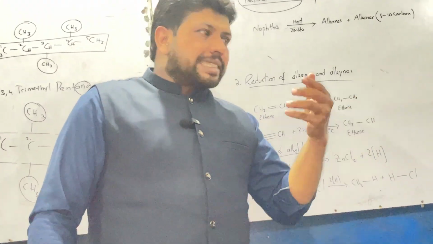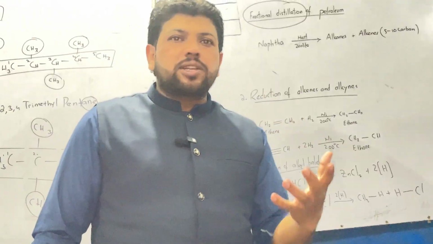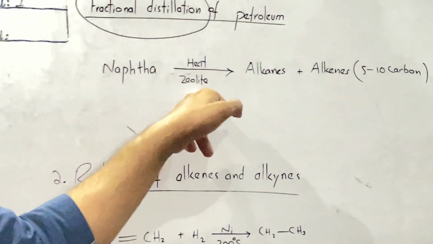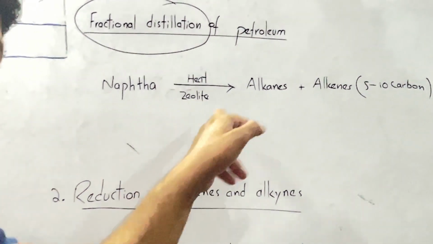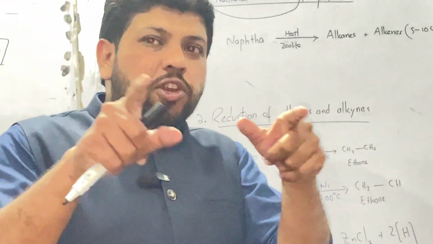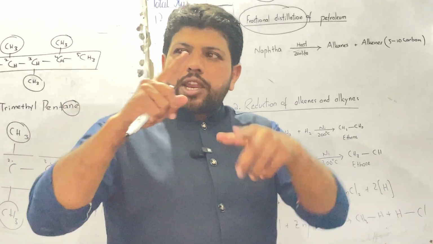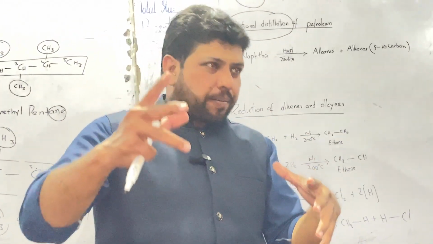And this technique is known as fractional distillation. When we provide heat to naphtha in the presence of a catalyst, zeolite is a catalyst, and you know that. What is the function of a catalyst? A catalyst is any substance which can increase the rate of reaction without being used up.